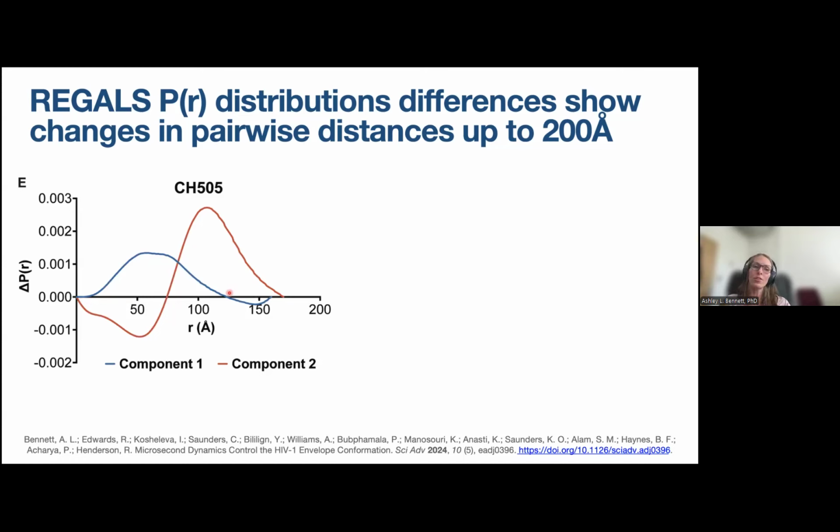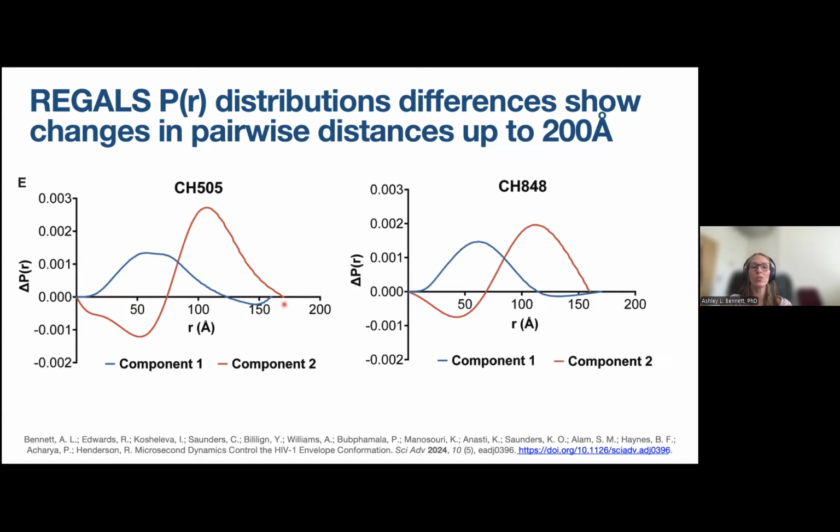Anyways, there's a change in these components centered at around 50 to 60 angstroms. And we also see changes going from 50 to about 175 angstroms. We see the same thing for CH848.